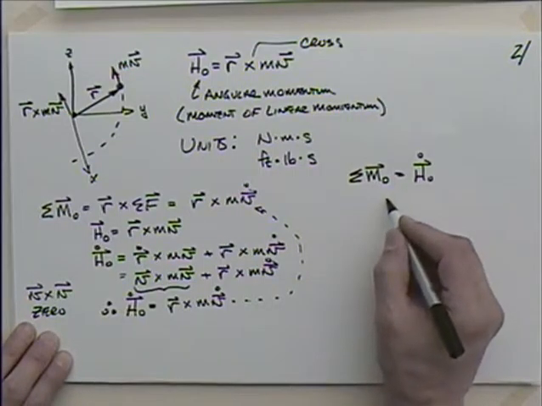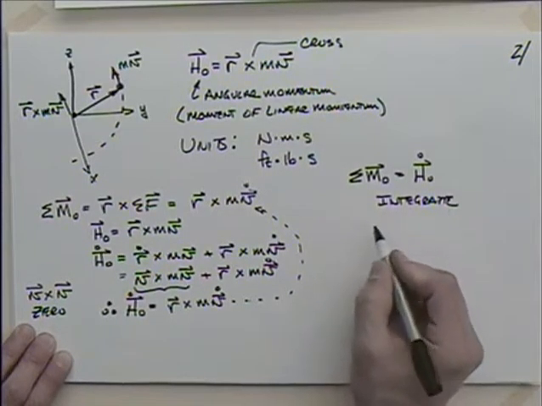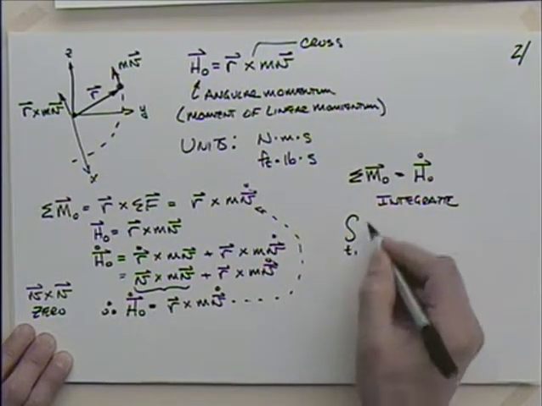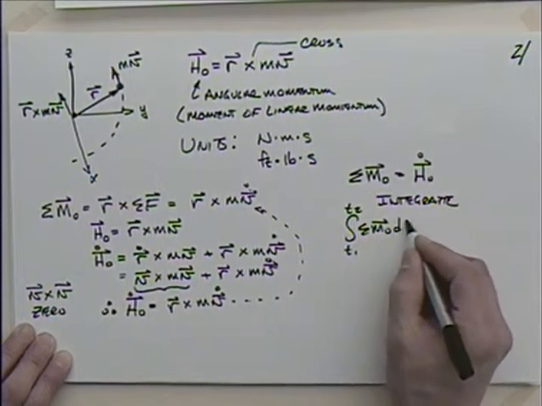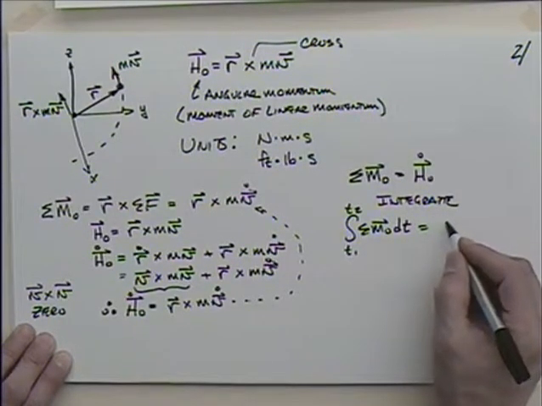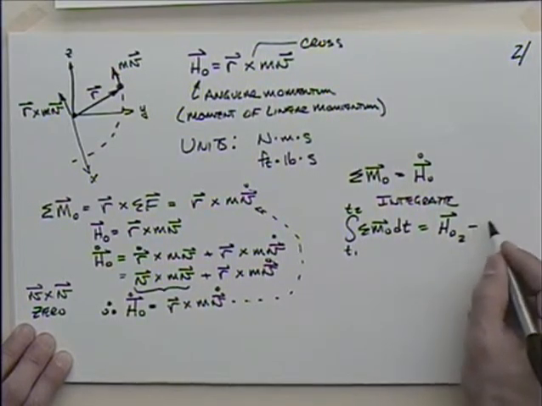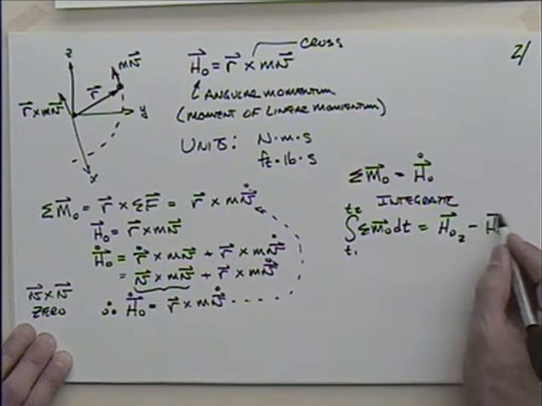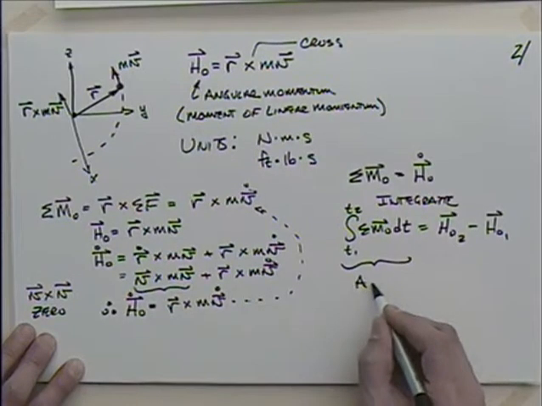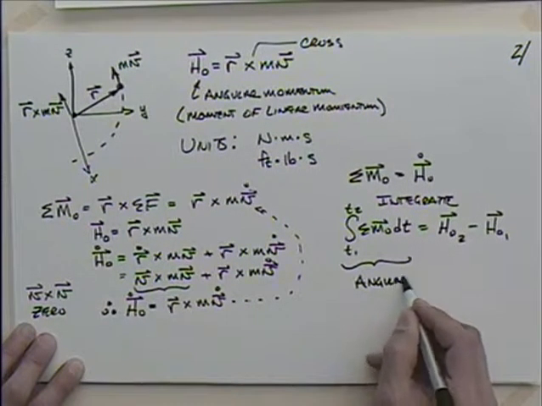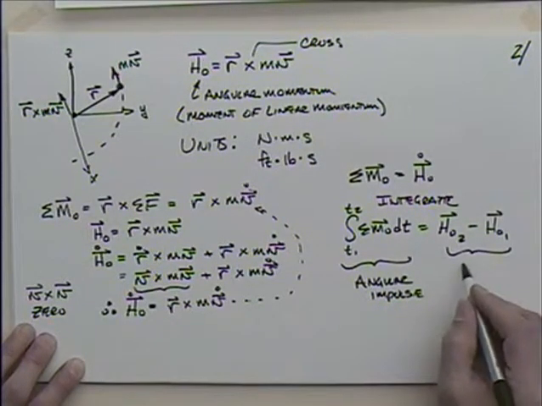And if I integrate both sides, I get the integral from t1 to t2 of the sum of M naught dt is equal to h about point 2, let's say, minus h about that same point at time 1. This piece here is our angular impulse, and over here we have the change in angular momentum.